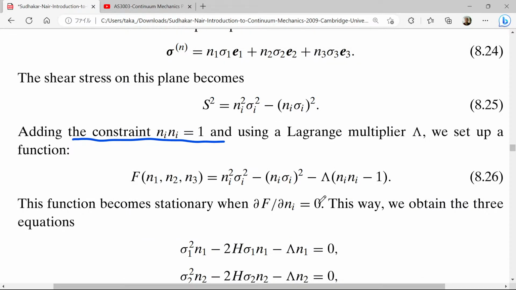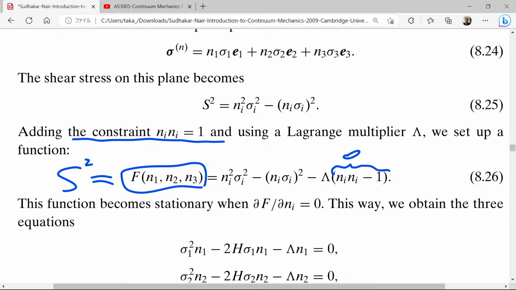See, this is actually zero. This part is zero, right? So the funny thing, this F is just exactly S square. This function becomes stationary when something is equal to zero.